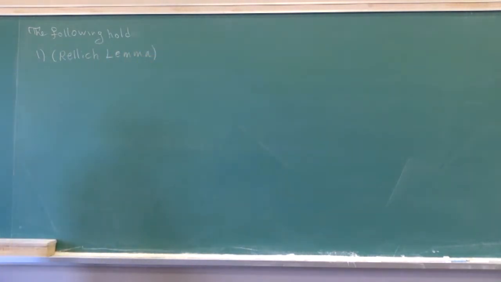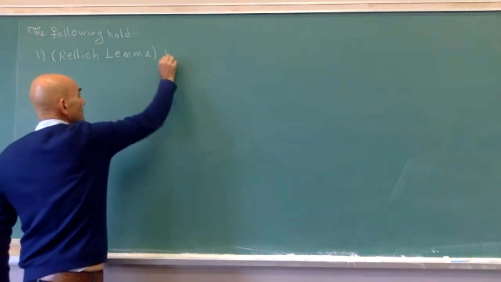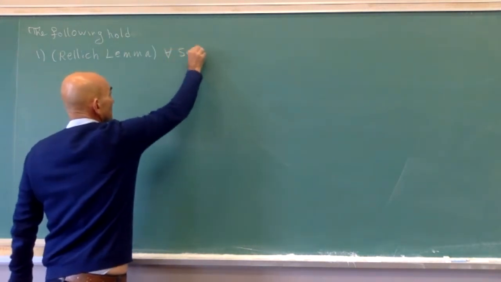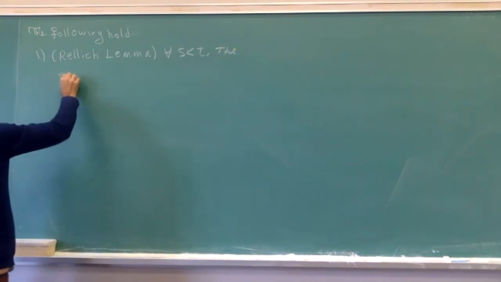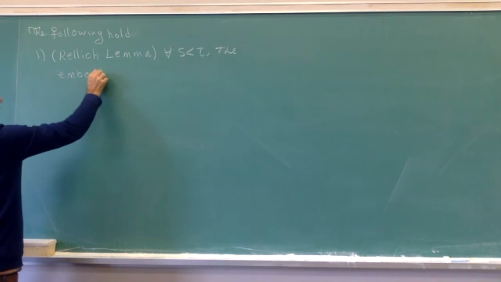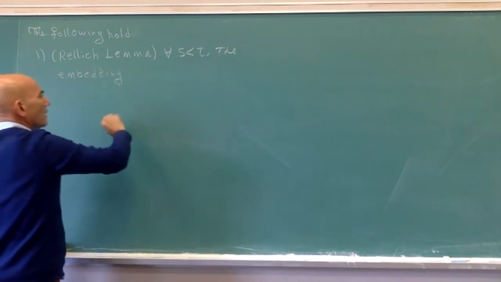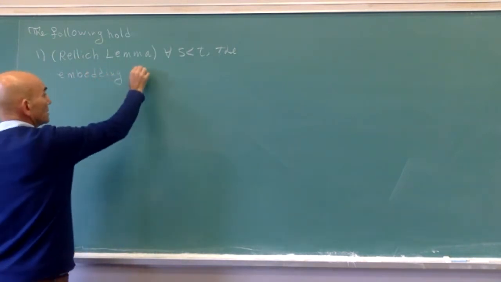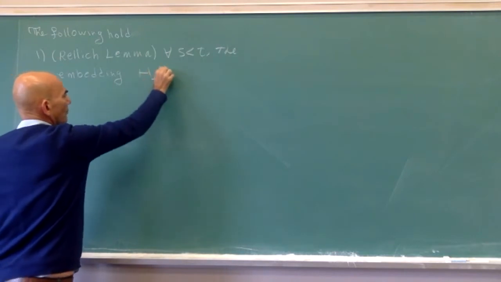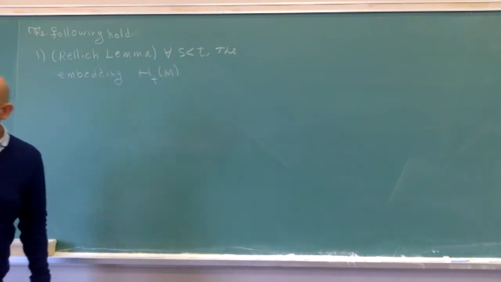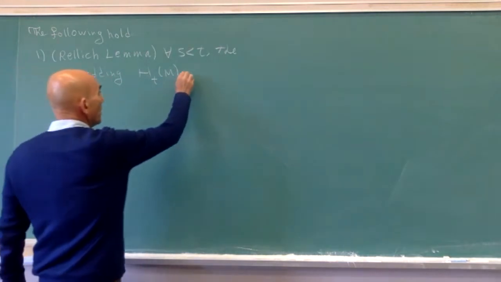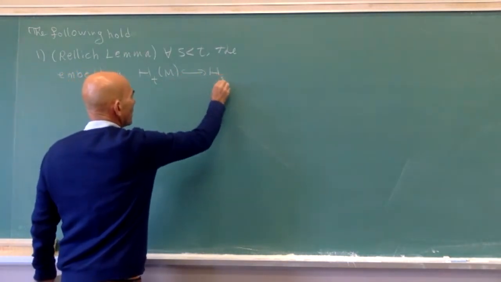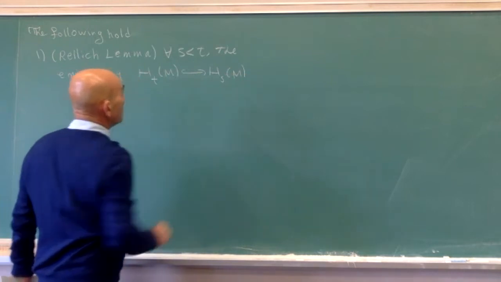It says that for any s less than t, the embedding of Ht of M into Hs of M is compact.